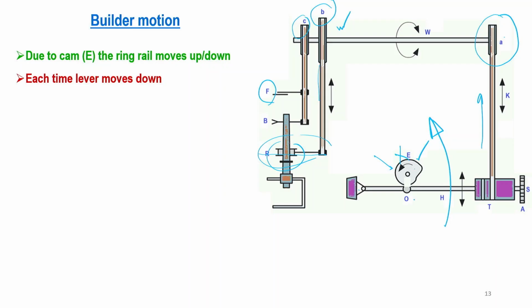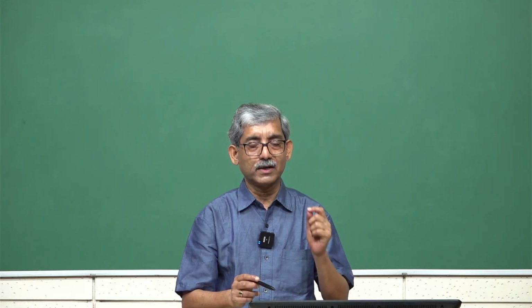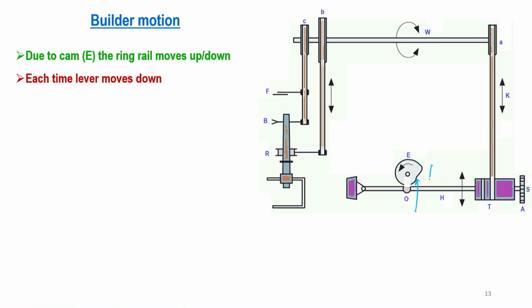So, this follower O will by default always put the upward force on the cam. The cam is restricting, and the rotation of the cam only pushes this follower O downward, so that the lever moves downward, during the stroke from the lower radius to the higher radius.